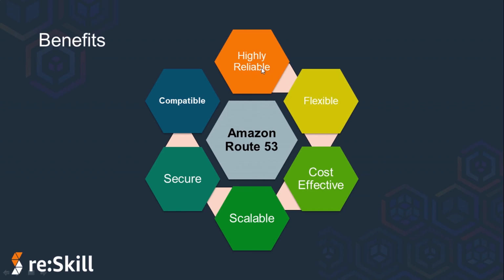Next is flexibility. Route 53 traffic flow routes traffic based on multiple criteria such as endpoint health, geographic location, and latency, like we have seen in all the routing policies. Also, with self-service sign-up, Route 53 can start to answer DNS queries within minutes.